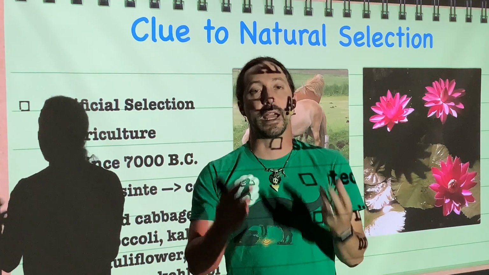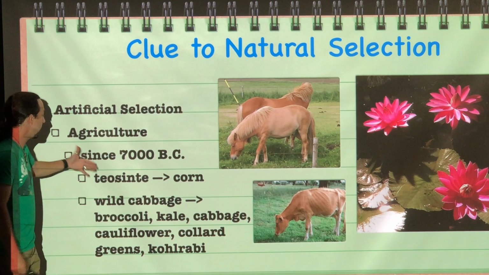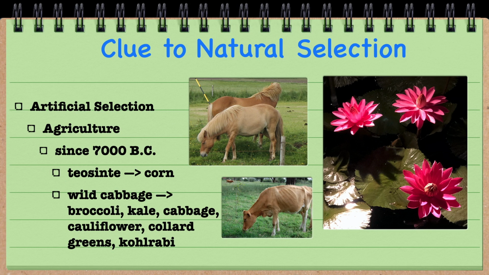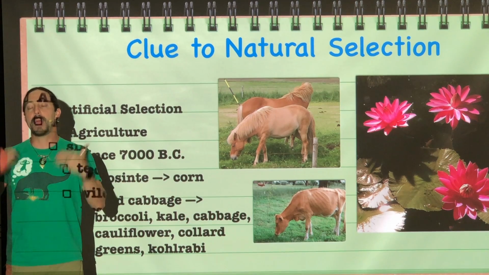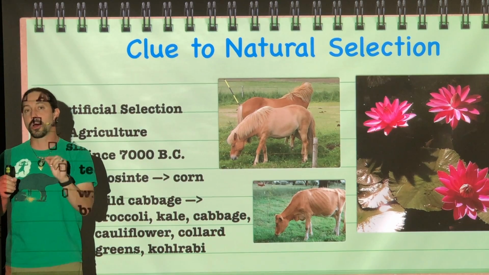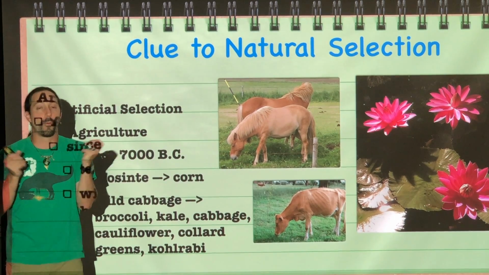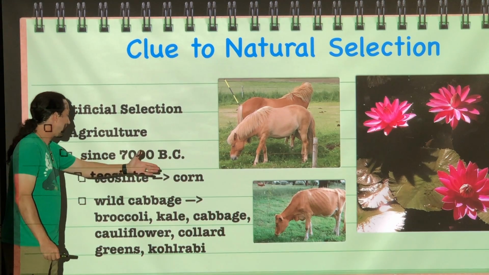This is how we have generated corn. Corn comes from a plant that is called teosinte. Teosinte looks almost like wheat. It doesn't look anything like corn. Over many, many years of us breeding the starchiest and the plumpest of these grains, we end up forming corn.